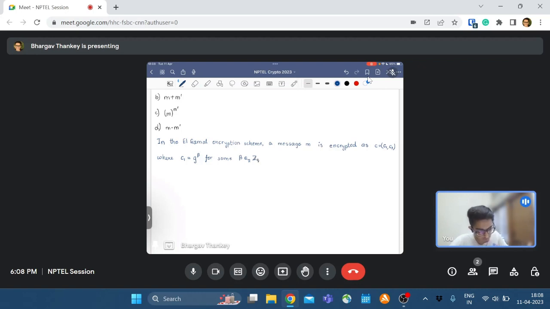Q, recall, is the order of the group, and C2 is equal to M times h to the beta.